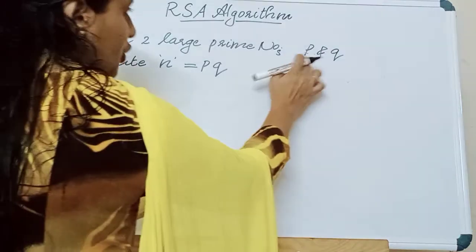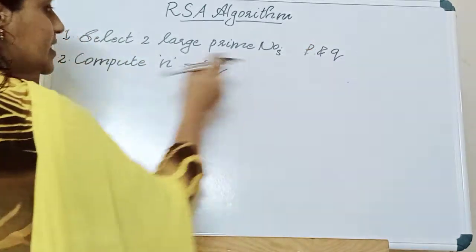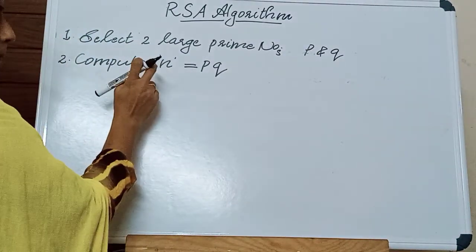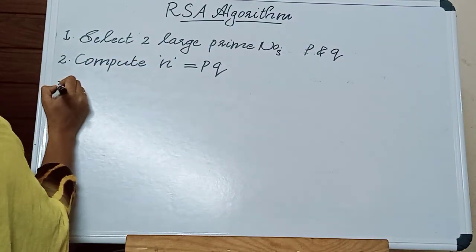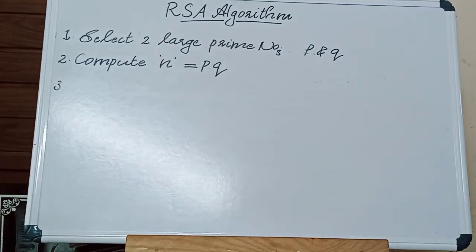Here P and Q values should be private, and the n value should be public. First select two prime numbers, next compute n equal to P into Q.